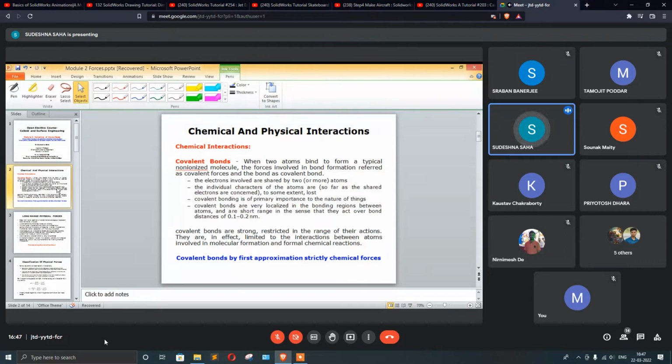Now, we know from the general principles of chemistry that the nature, and obviously the number, of covalent bonds formed by a given atom depends on its location in the periodic table. That is quite well known to all of us, and it is also relative to the other atoms involved in that particular process, right?